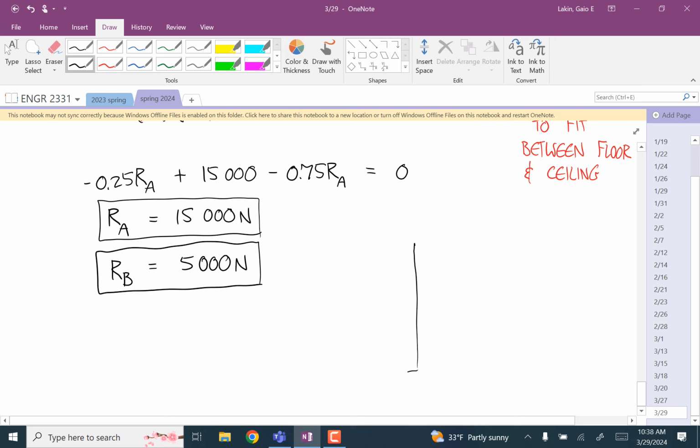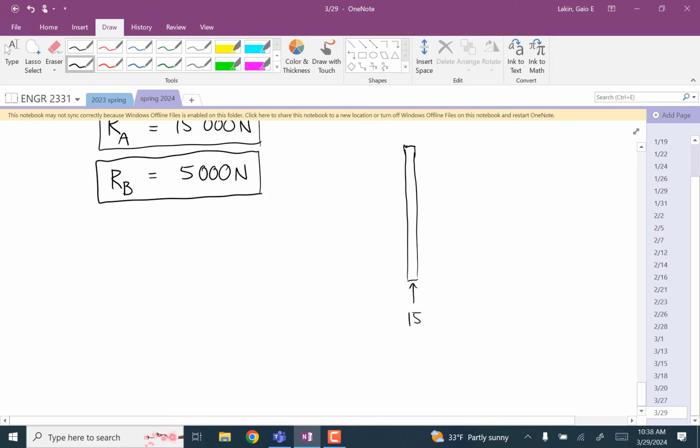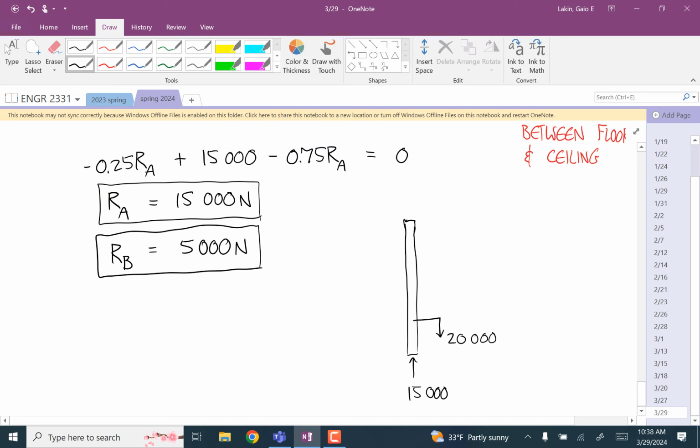And so if you redraw this free body diagram, you have an upward force here of 15,000, the downward force here of 20,000, and then this is an upward force of 5,000.